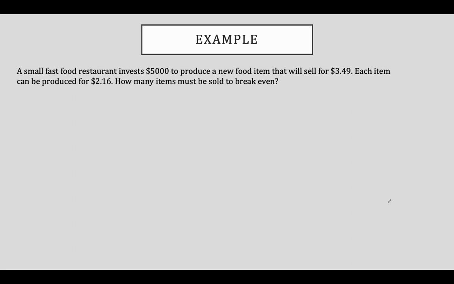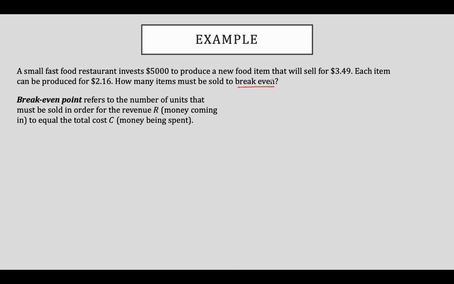A small fast food restaurant invests $5,000 to produce a new food item that will sell for $3.49. Each item can be produced for $2.16. How many items must be sold to break even? All right, so break even. What does break even mean?